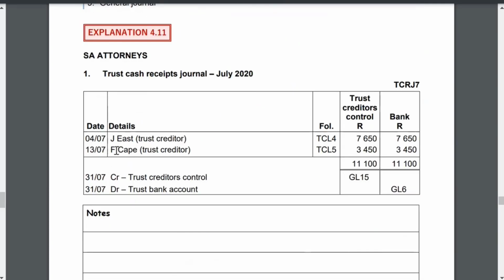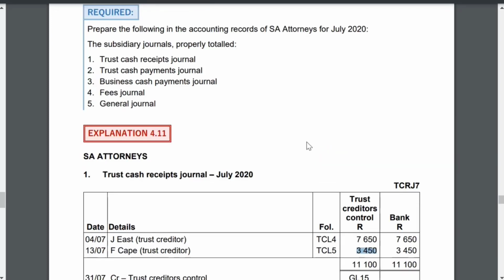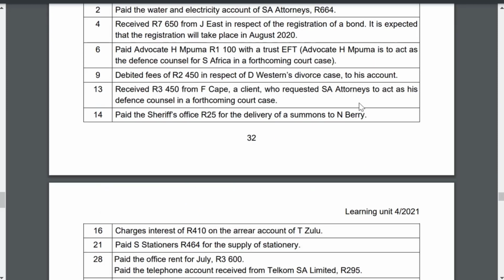That is why this is recorded in your trust cash receipts journal, because this is a forthcoming court case.